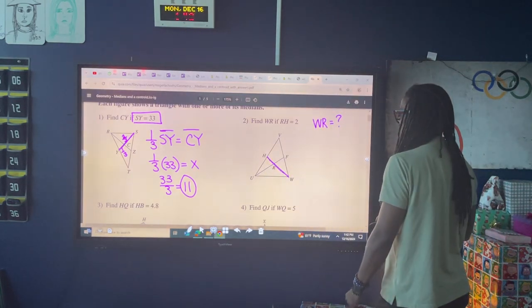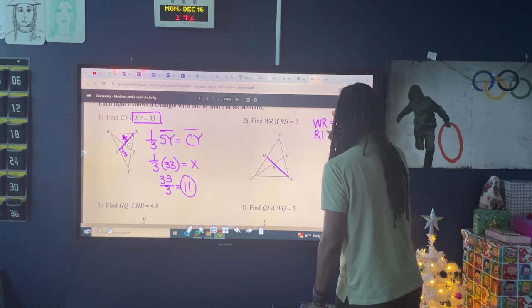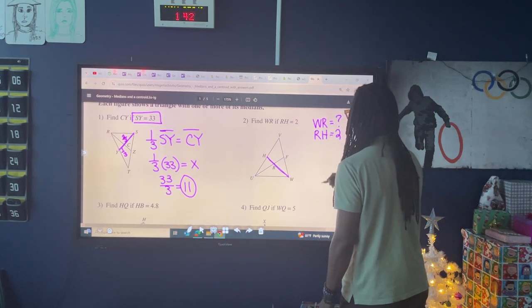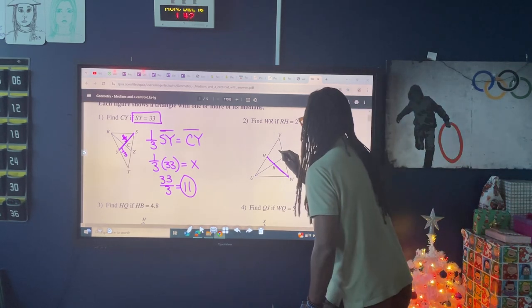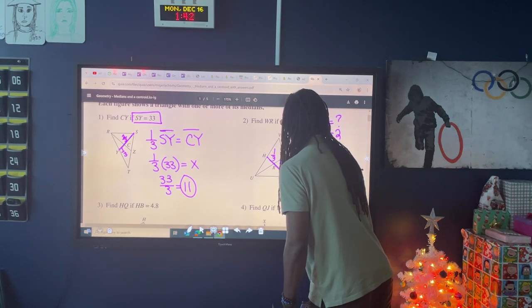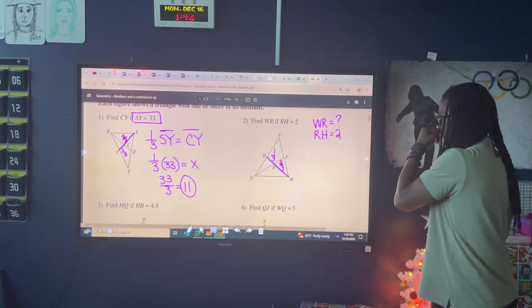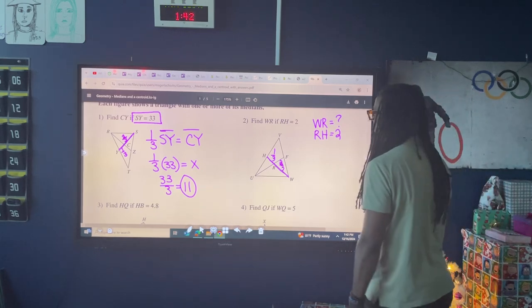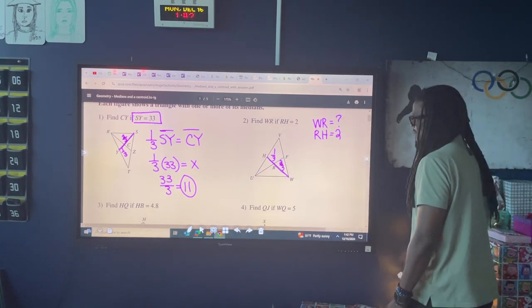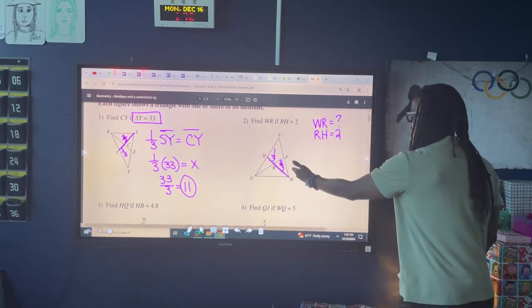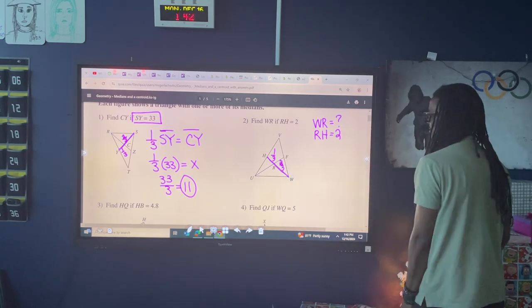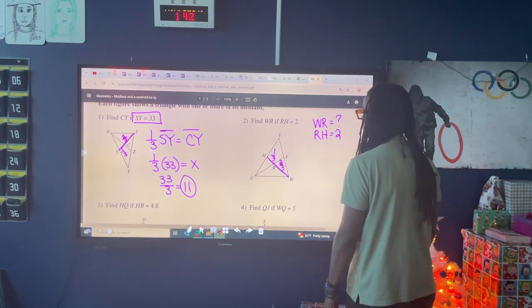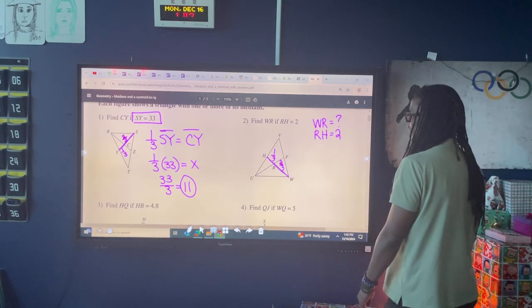RH is what, a third of this? 1/3. So you've got a third of it, and you know WR is 2/3 of it. So we're looking for 2/3 of the whole, WR.